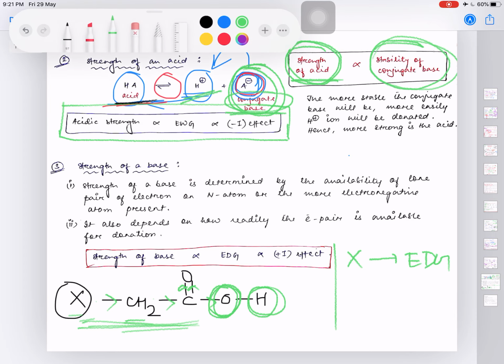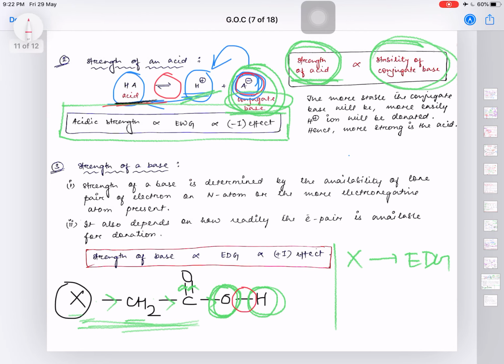So if it does not take electrons from this hydrogen, this bond will not break. If this bond does not break, then H will not go out and the acidity will decrease. So if you have an electron donating group, then acidity decreases. Clear?